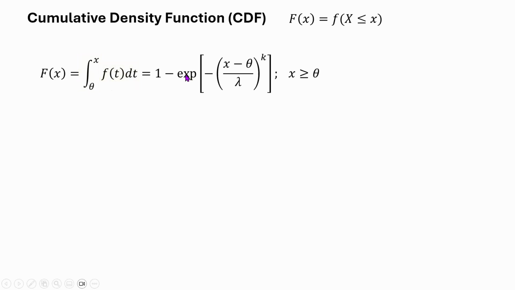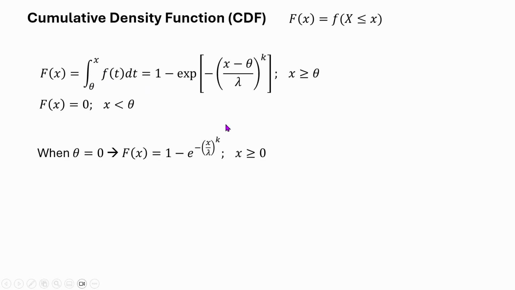If you do the integration, you are going to get something like this. Now, if your x value is less than theta, then F(x) will be equal to 0, because any region where your random variable is less than theta, the PDF of the Weibull distribution is defined as 0.